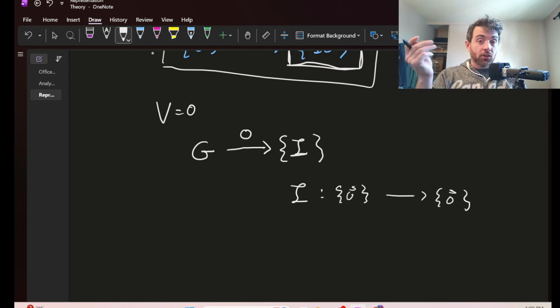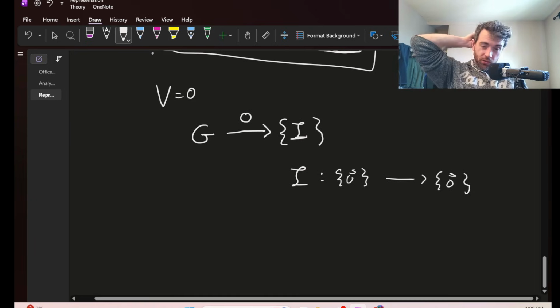Okay, great. So that answers the question. For all groups in existence, we can always construct at least one such homomorphism, so we can always construct at least one such representation.